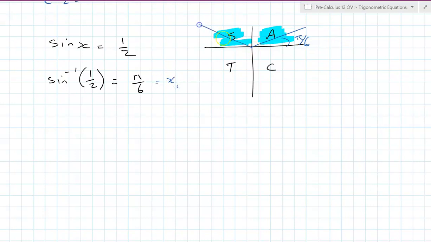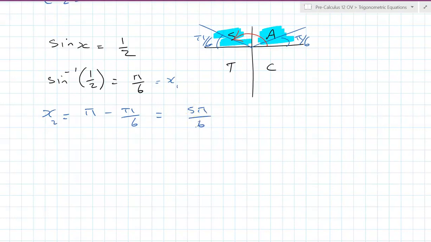And then we need to find the second angle, which is this one right here in quadrant 2, but it has the same reference angle of π/6. So x2 must be π minus π/6, which will end up being 5π/6.